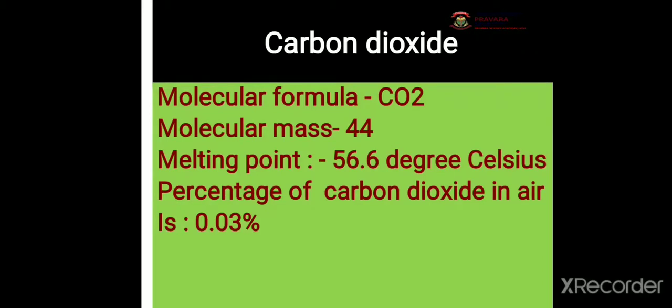The melting point of carbon dioxide is minus 56.6 degrees Celsius, and the percentage of carbon dioxide in air in free state is 0.03%. Carbon dioxide can occur in the air in free state and it is about 0.03%.